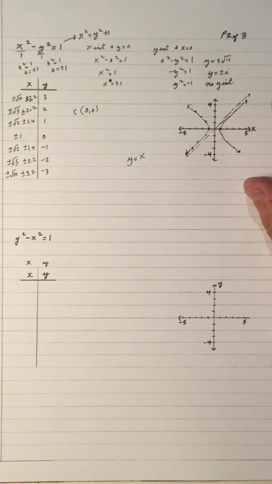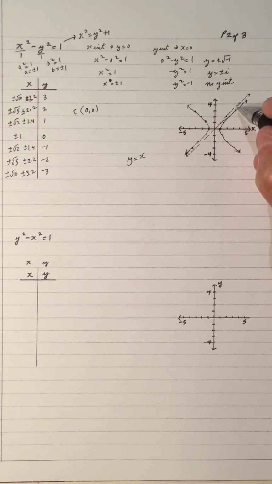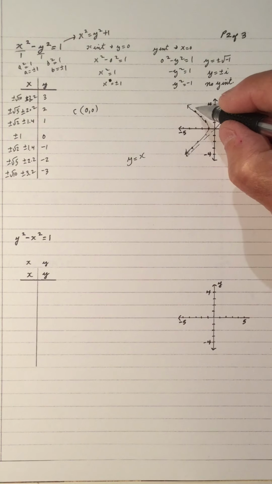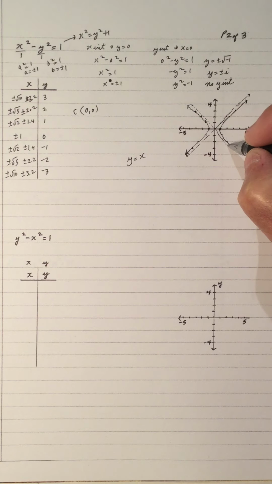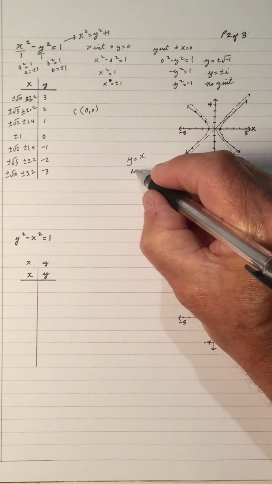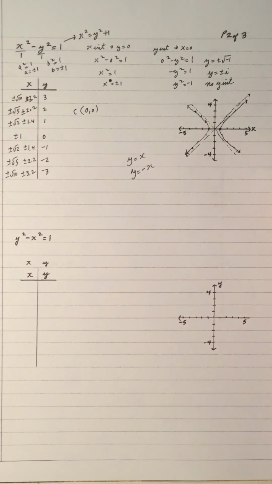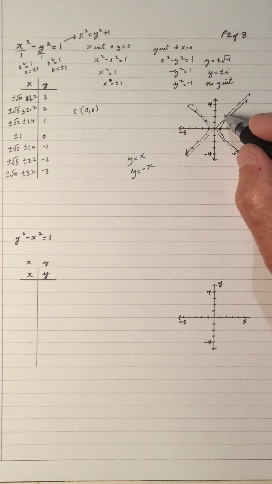Oblique means the graph will not cut through this line. And there's another one that goes this way, and that one is y equals negative x. We'll discuss that in more detail later. Notice this is a broken line.